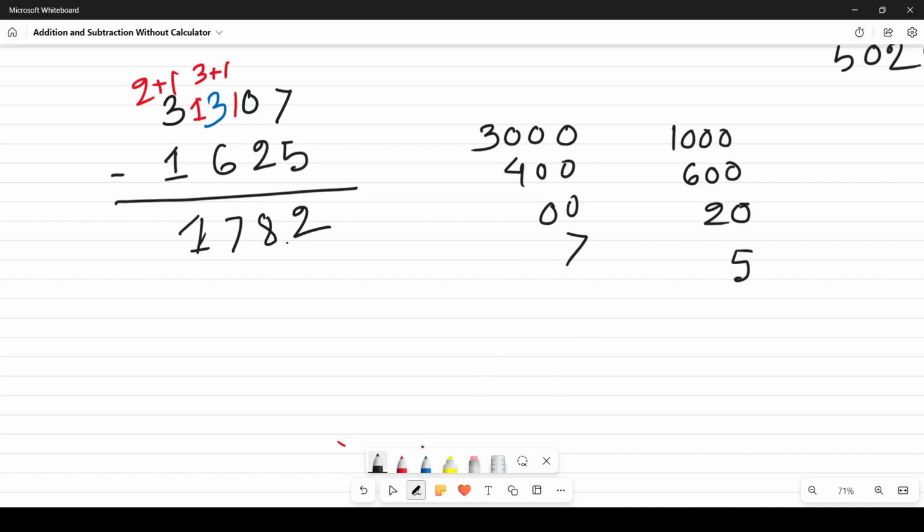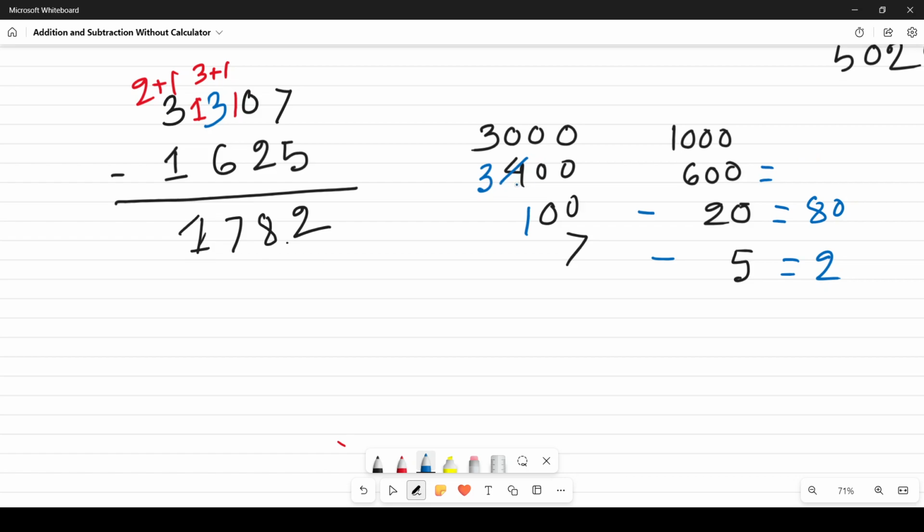Now let's see, if we subtract 7 minus 5 we get 2. But can we subtract 20 from 0? No, we'll get minus 20 and we don't want it. So what we did, we just hired 100 from here. 100 plus 300 is 400. So we just split this 400 into 300 and 100, right? Now we can subtract, right? And then we get 80.